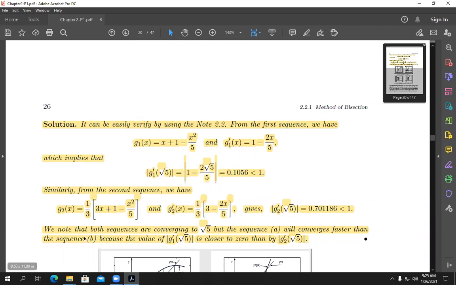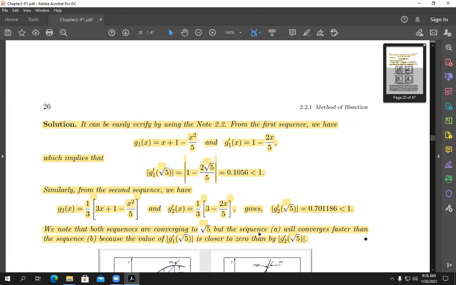Now, we note both sequences converge to this one, but the first sequence converges faster than the second one. Why? Because G1 is closer to 0 as compared to G2.